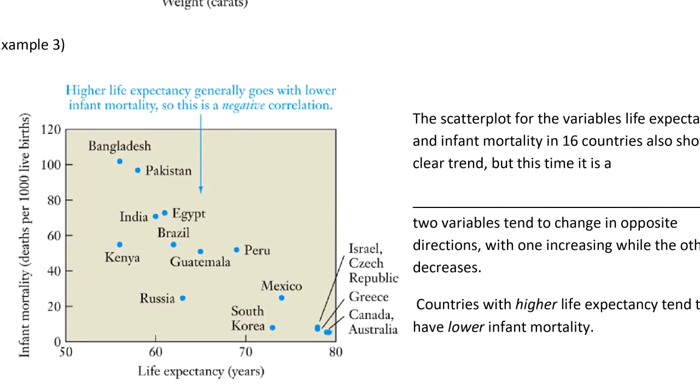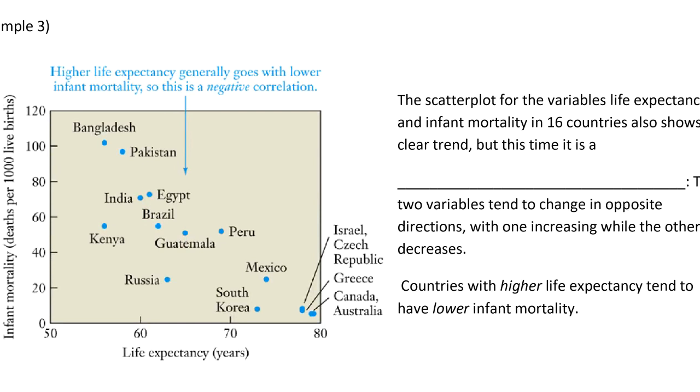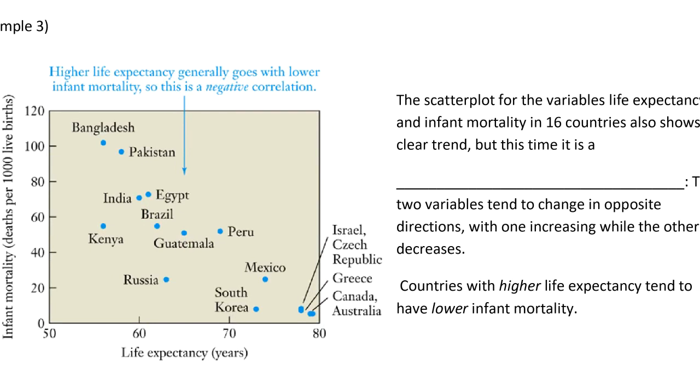All right, what if we look at the life expectancy and infant mortality in 16 countries? This time, these also form a very loose line. You can tell it's, in general, going downwards. So this time, it is a negative correlation.